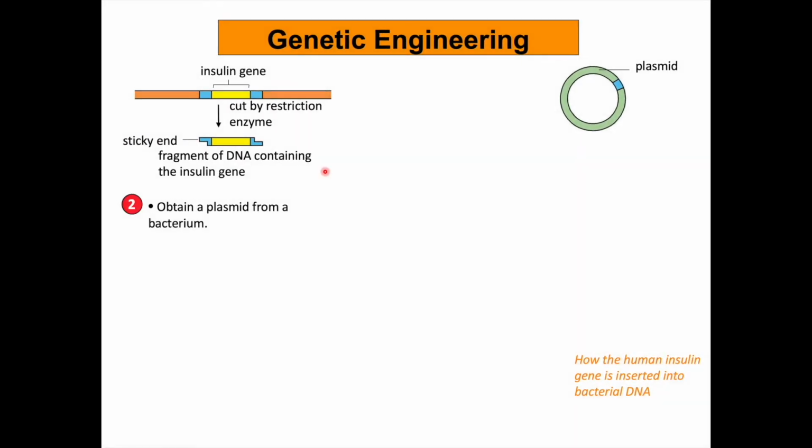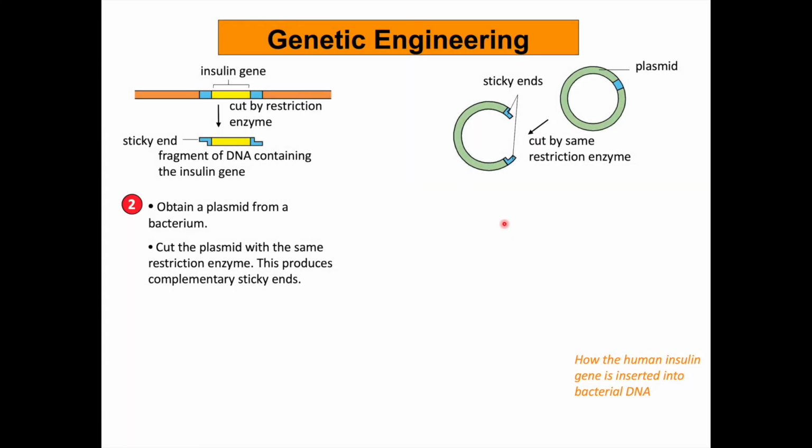We are isolating the human gene and cutting it using the restriction enzyme. Next, after that, is to obtain the plasmid from the bacterium. Looking at the general structure of the bacteria, it has this plasmid, which is circular in nature. And so we have to isolate it also, just like what we have done with the human insulin gene.